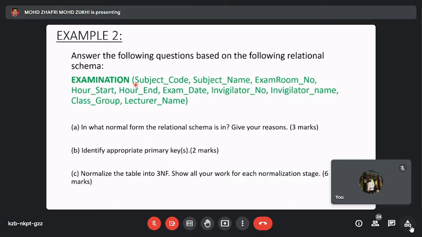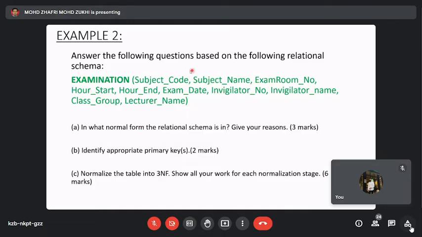Examination. So we have subject code, subject name, exam room number, hour start, hour end, exam day, invigilator number, invigilator name, class group, lecturer name. Okay, kalau kita tengok situ, try to identify what are the possible new entity located within this schema, the relational schema. This relational schema are the composite entity.